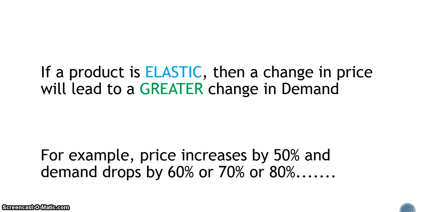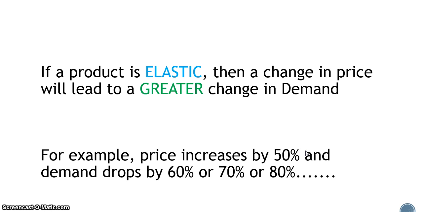If something's elastic, it's the other way round. A change in price will lead to a greater change in demand. So again, if we increase the price by 50%, we know when the price goes up, demand's always going to fall. That's a fact. Things get more expensive, people buy less of them.